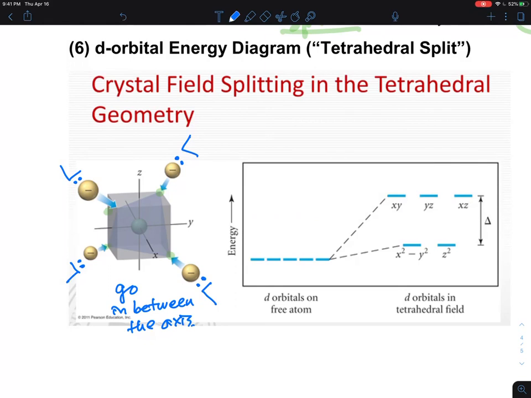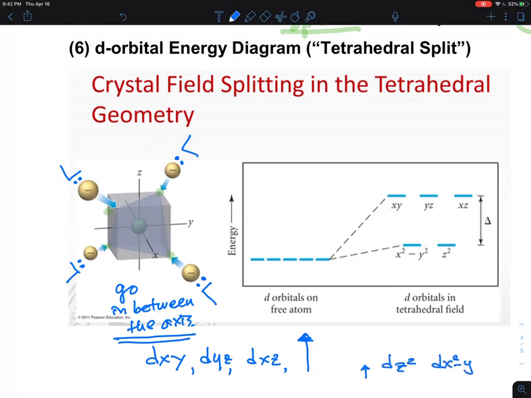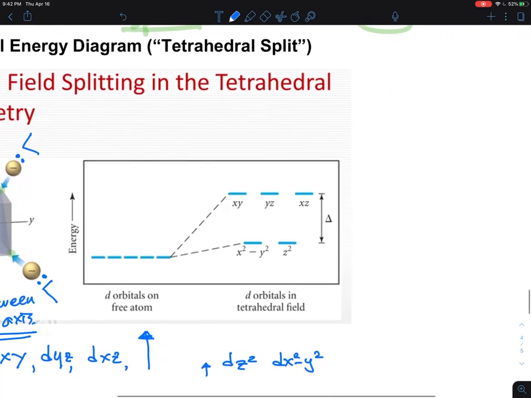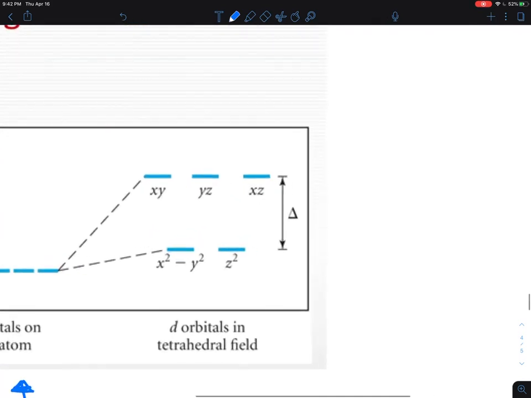So they'll go in between the axes, dxy, dyz, and dxz, right? Their energies will go up, whereas the other two will go up a little less, which are dz square and dx square minus y square. If you remember those, that's why it's almost like an energy flip. There are 3 at the top, and this is the delta tetrahedral.